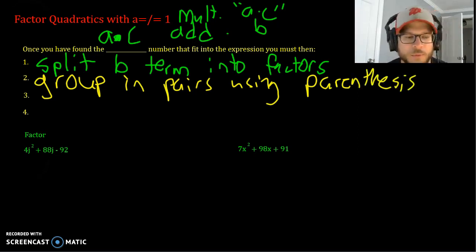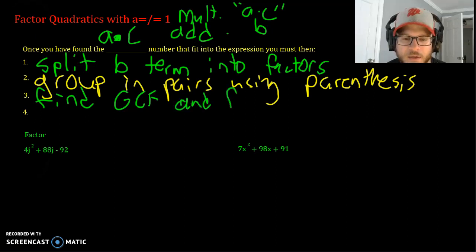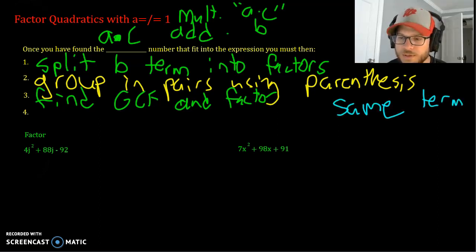After you've grouped them in parentheses, you're going to find the GCF and factor of both groups. And once you get to this step, you should have same terms in your parentheses.